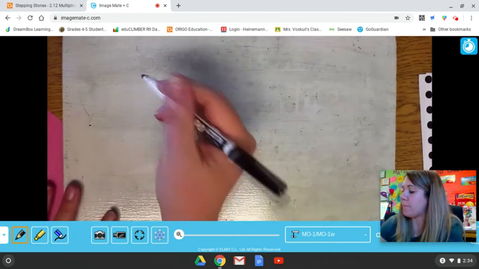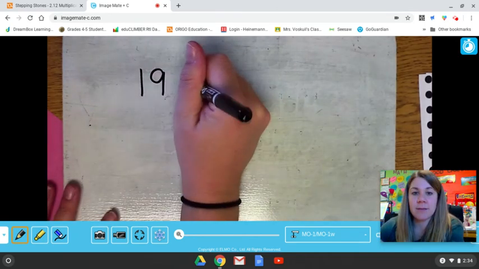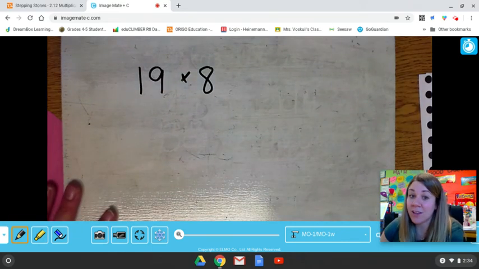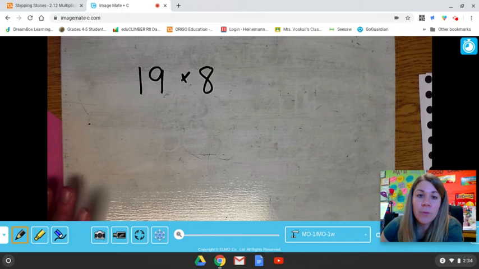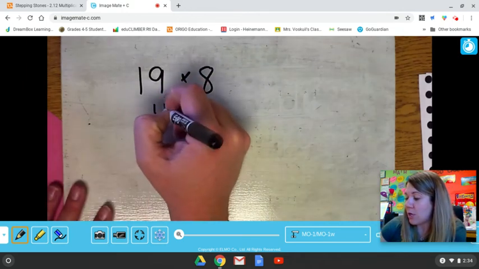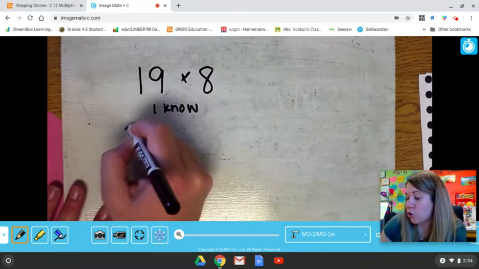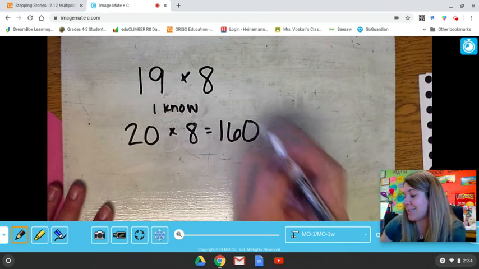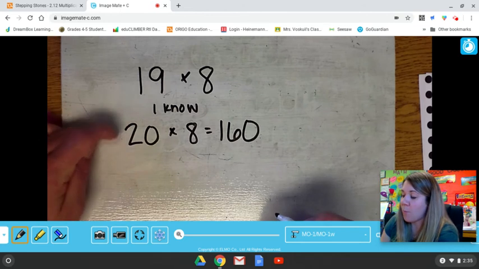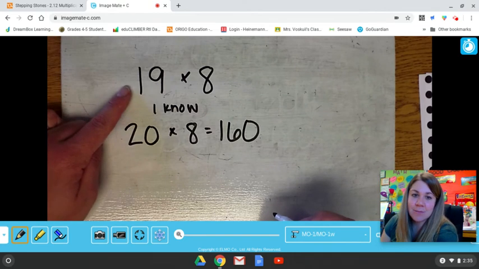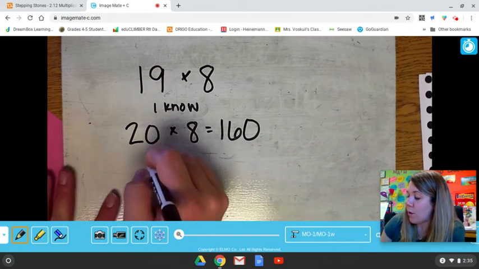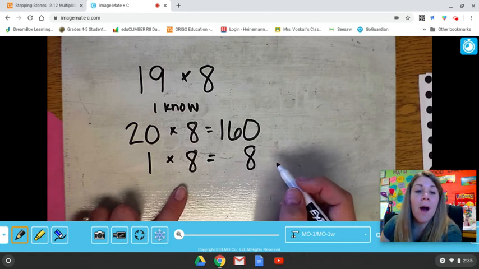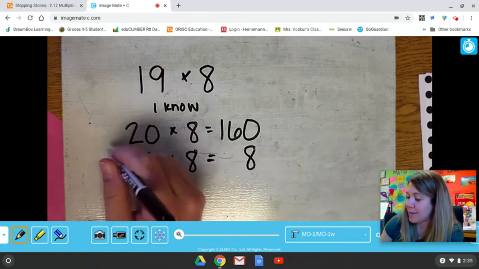Let's do a few more. Let's say it's 19 times 8. Whew, this seems challenging. Okay, let's use something we know to help us. I know 20 times 8 equals 160. That's one more group of 8 than 19 times 8. So I'm going to take one group away, one group of 8.